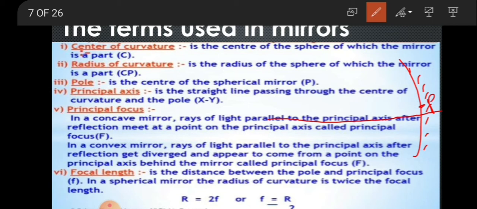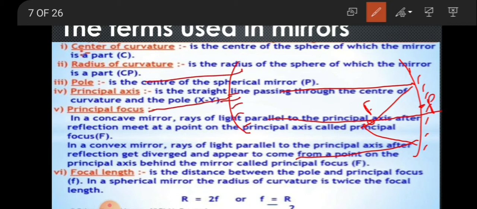Principal focus: in a concave mirror, the rays coming parallel to the principal axis, after reflection, meet at a point that is called the principal focus. In a convex mirror, this is the principal axis. The rays coming parallel to it diverge because this is a convex mirror, and the rays appear to meet at a point that is called the principal focus.